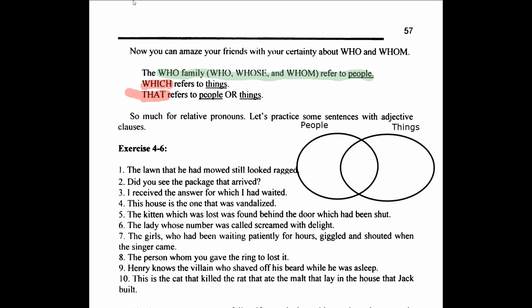So people and non-people. Who is going to refer to people. Which is only going to refer to things. You don't say the person which found my pencil. Who is people, which is things. That can go to both. It can refer to people and things. So that's an easy way to think about this and to memorize it.